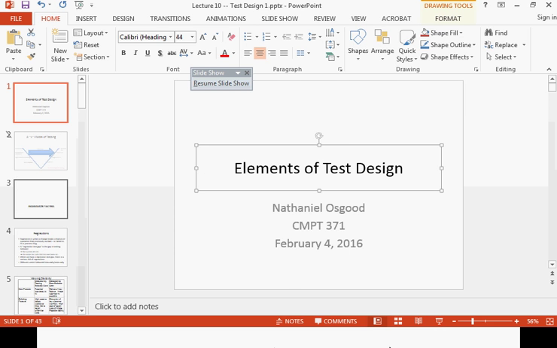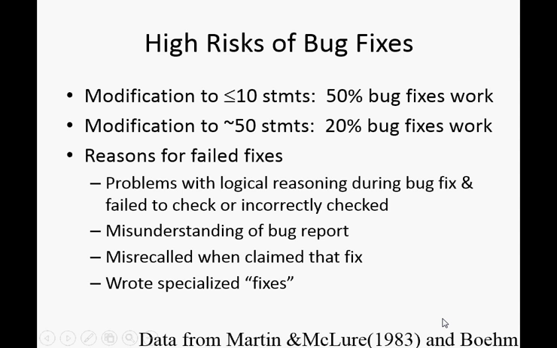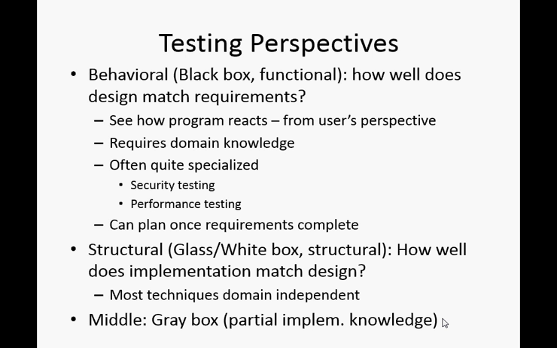Okay, so with that behind us, I want to go on to this next lecture here. So we can divide up testing that occurs along many levels, and I hesitate to give a full taxonomy.